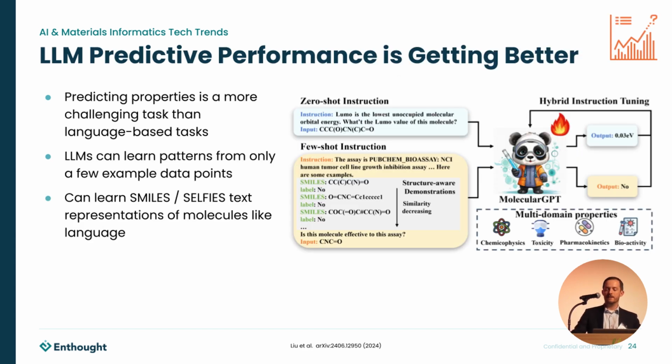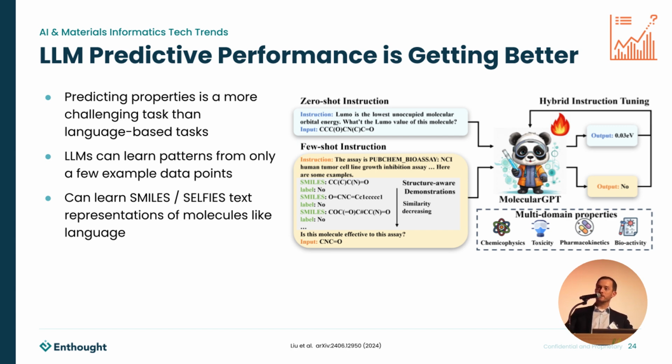And finally, there's the predictive chemistry use case. The goal here is to use the LLM's ability to leverage its base training as a foundation model and only a few examples of new problems or new examples of data and quickly learn the patterns in those examples and make good predictions.